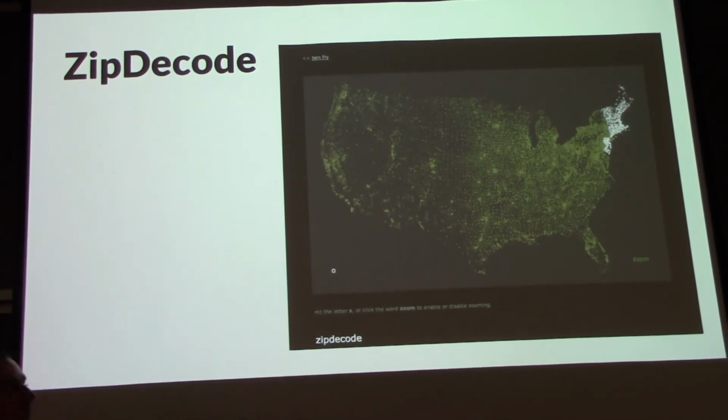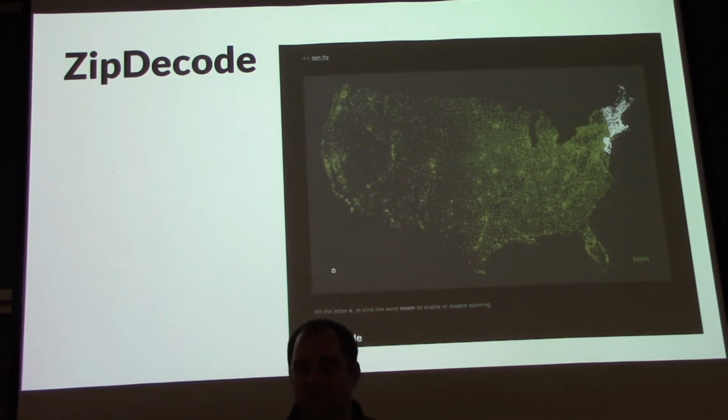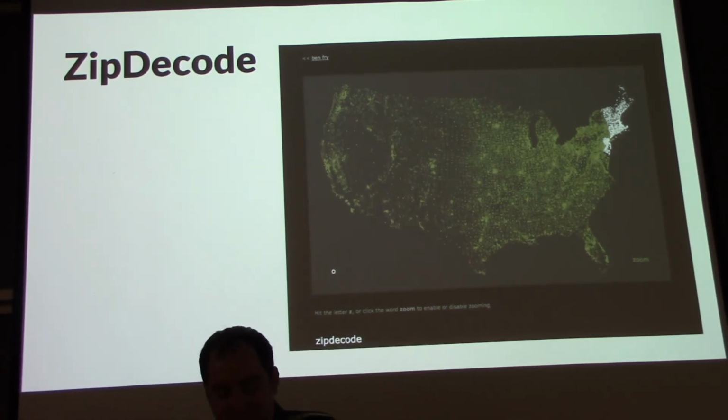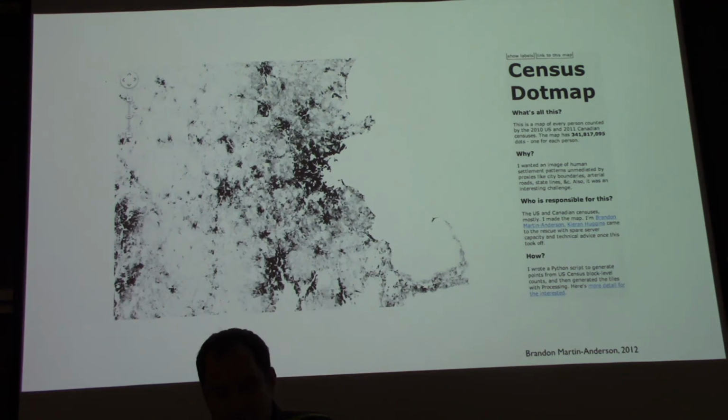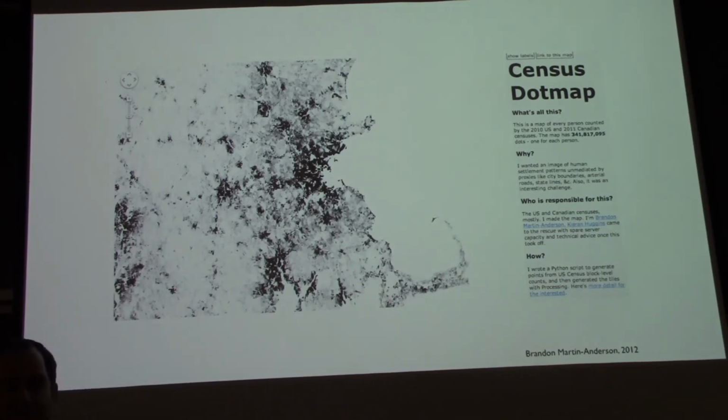Here is a dot for every zip code in the United States. And magically, geolocating every zip code in the United States makes up a pretty nice shape of the map. Here is a map for every person in the northeast region around Boston.